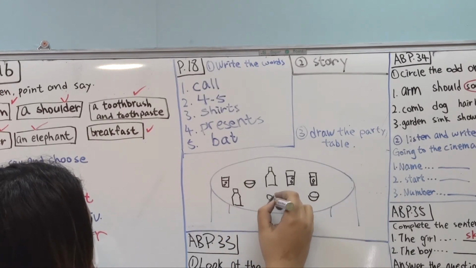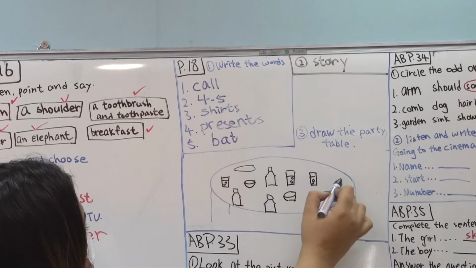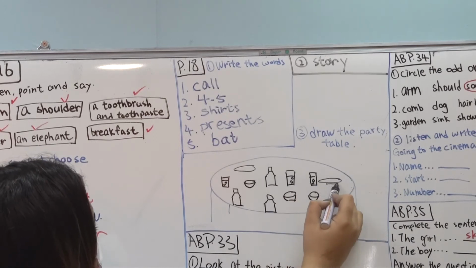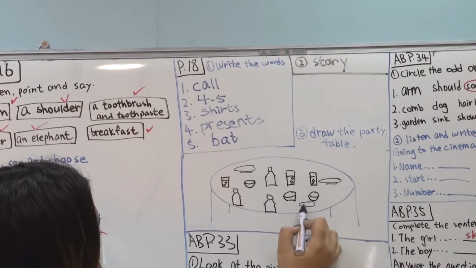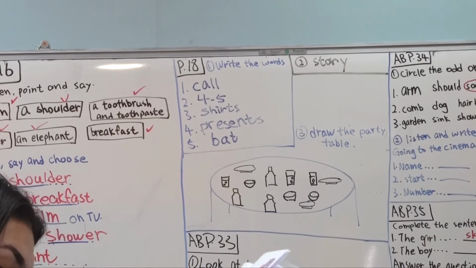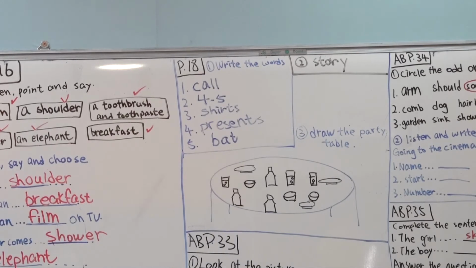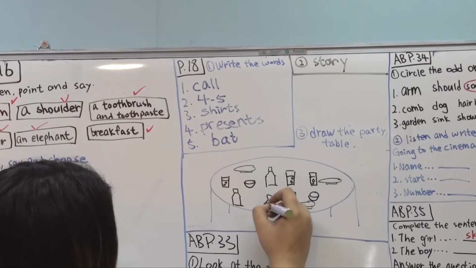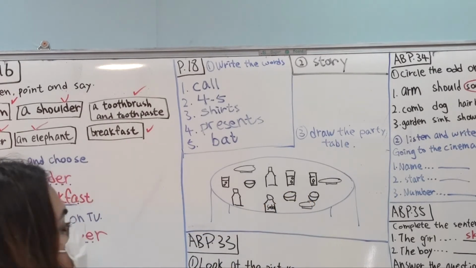Some bottles. And plate, right? Plate is very easy. Okay, plate. All right. On the outside of one bottle, write what's inside. Soda. Okay.